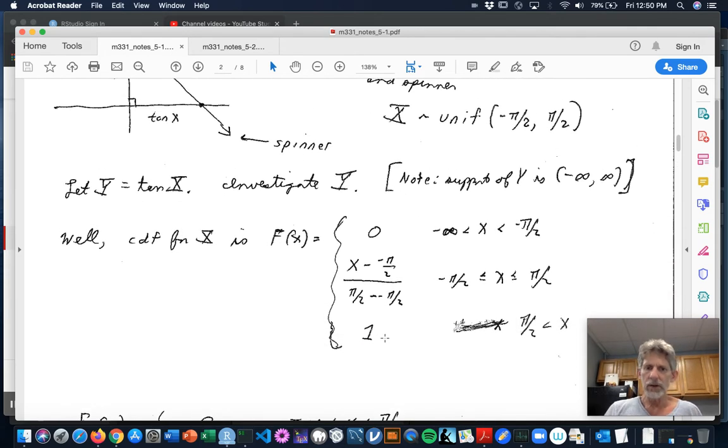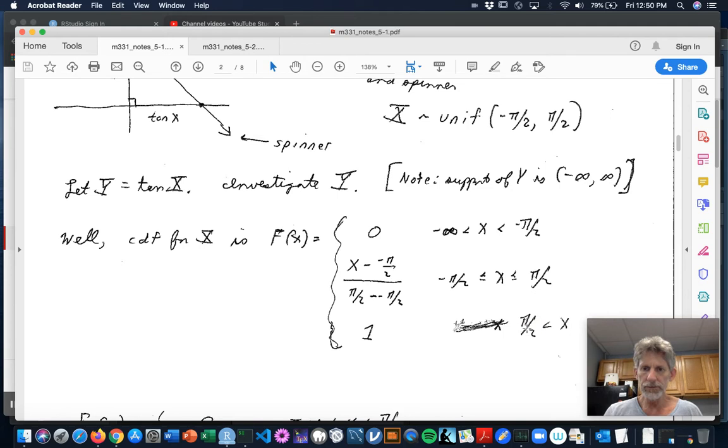How about the CDF for X? I'm going to need that in order to figure out the CDF for Y. So let's set that up. Think about how CDFs work for uniform random variables. Their value is 0 before the lowest possible value of the random variable, and 1 after the upper bound.